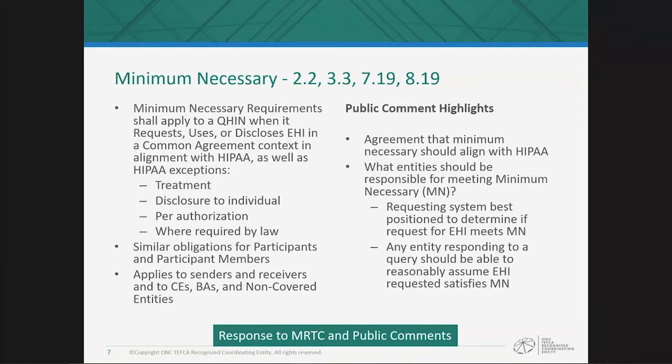It doesn't apply there. For an authorization-based disclosure, think about the SSA use case, for example, or life insurance, when you sign an authorization for your own information, or where required by law. So it really maps to HIPAA there. And then, as the second bullet says, the same obligation applies for participants and participant members.